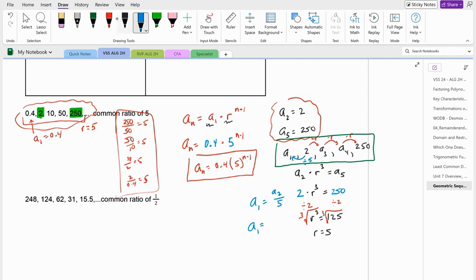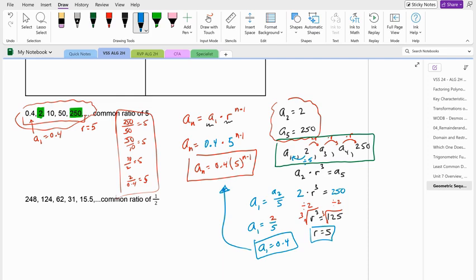So we're doing a sub 1 is equal to the second term divided by 5. We don't know the first term, but we know that the second term is 2. So 2 divided by 5 tells us that our first term is 0.4.